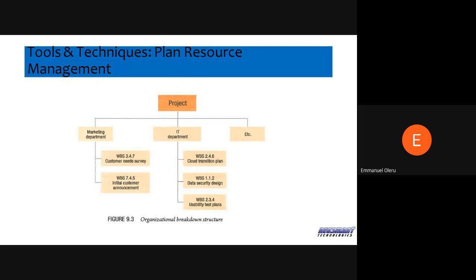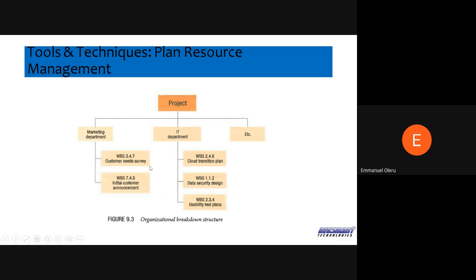Okay. This is also another tool to plan your resources. So you have the project, and with the project you'll be able to know which departments or members are going to be involved. Where do we get resources from? We have the marketing department, we need IT people, and it could be other departments as well. For the marketing people, what do they need to do?